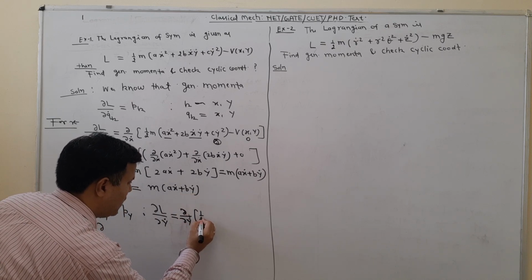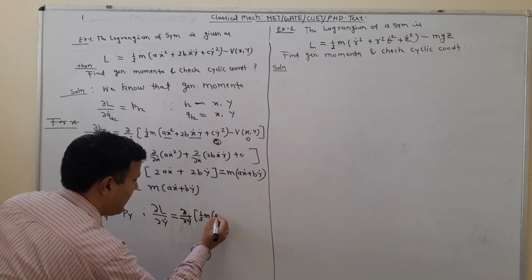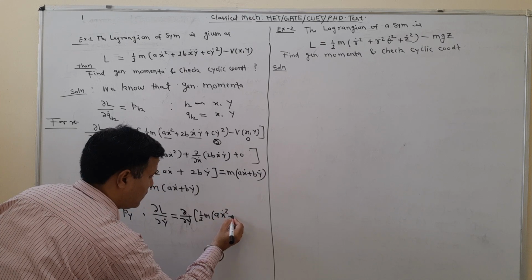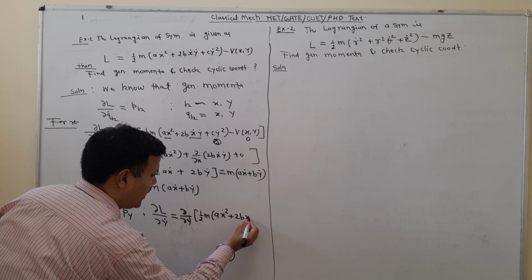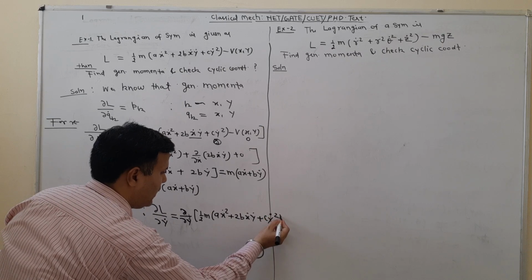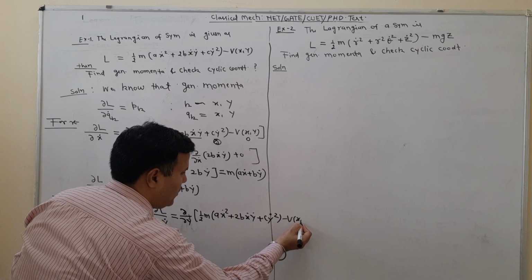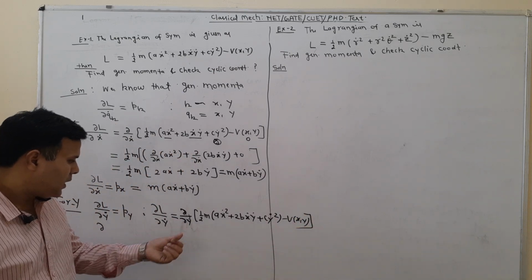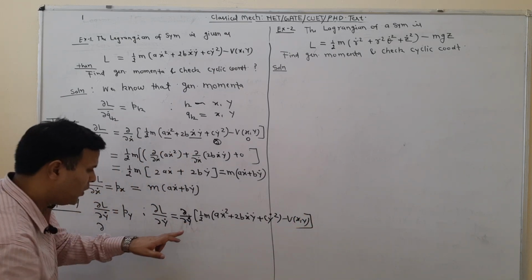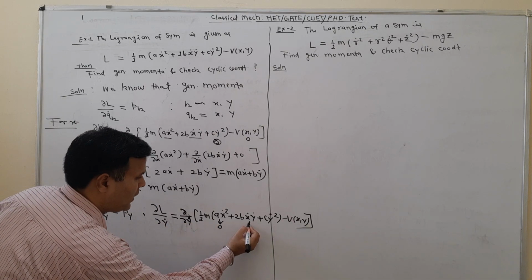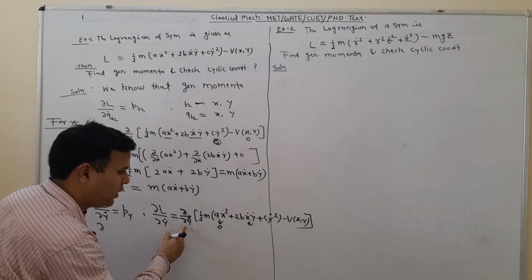We have this 1 by 2m, which is a x dot square plus 2b x dot y dot plus c y dot square minus V of xy. Now differentiating partially with respect to y dot, this will be 0, this will give only y dot and y dot is 1.